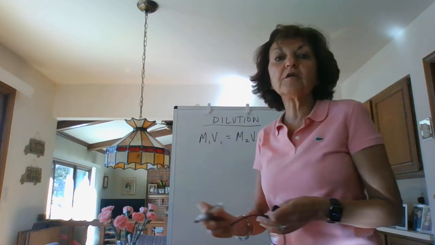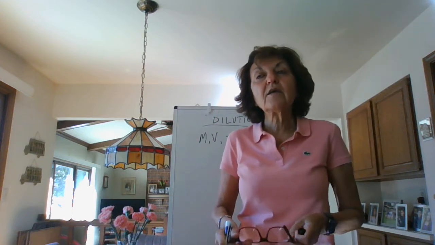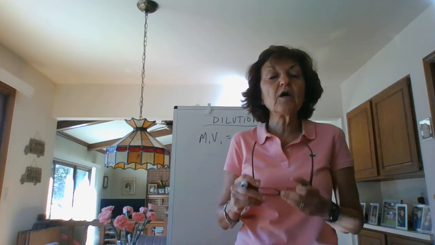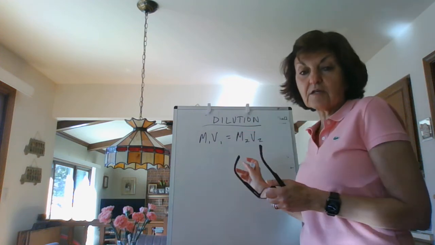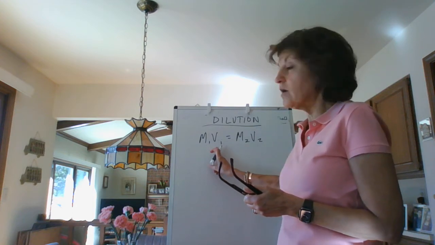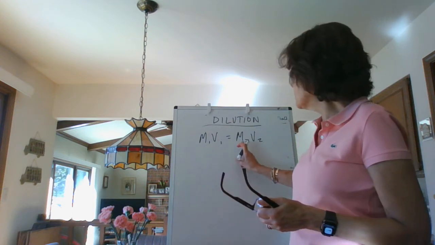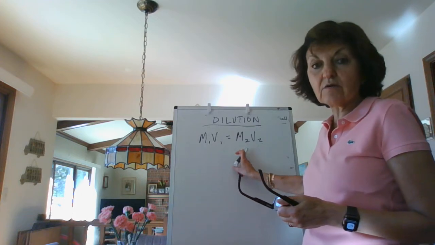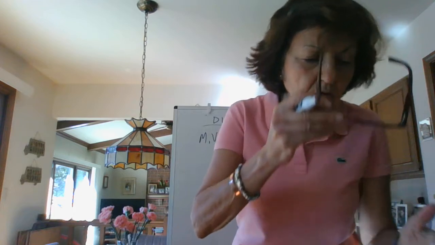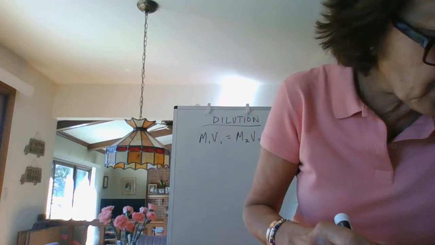Never to be used for titration problems, never to be used for any of the volumetric stoichiometry problems, only for dilution. What is M1? This is initial molarity. V1 is initial volume. What is M2? This is final molarity. What is V2? That's final volume. Okay, so here's the problem.